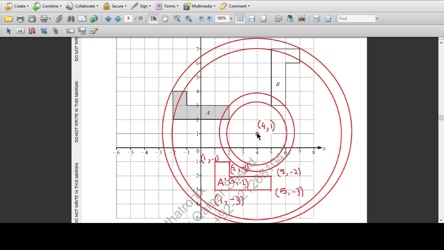So from here, if we rotate it, then we will obtain this shape.